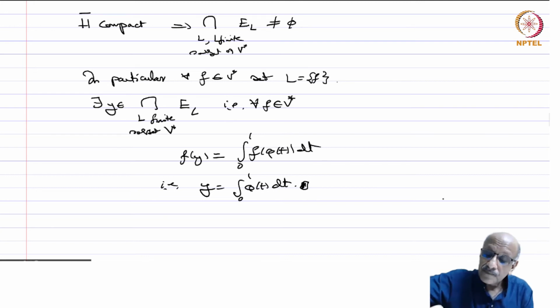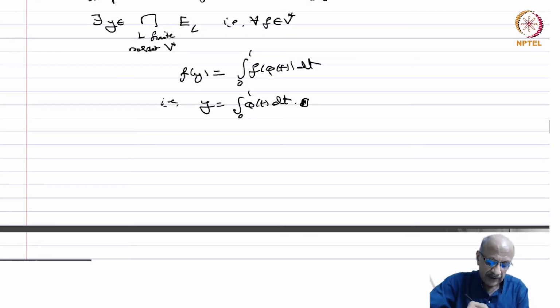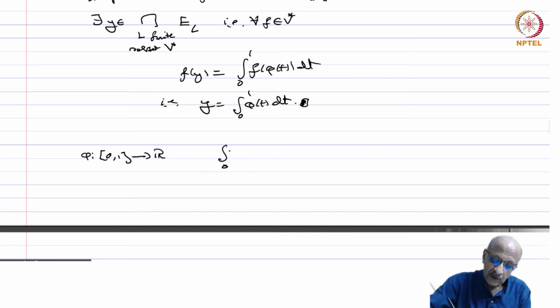Okay, very good. So now one of the important properties of the integral in one dimension, for instance, if you have phi from [0,1] to R and you take the integral from 0 to 1 of phi of t dt and you take the modulus.